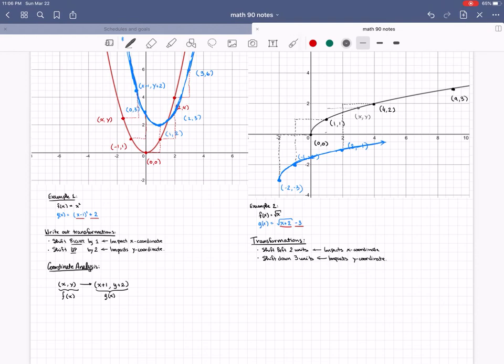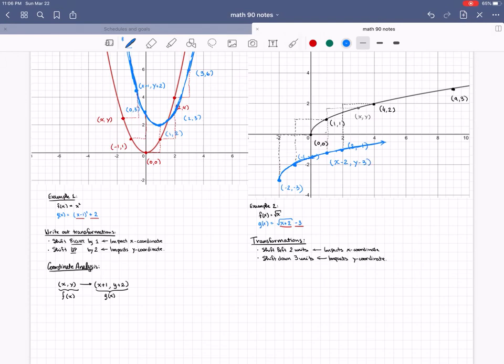So it'll go to about there and then down 3, so that'll land us about there. And this blue point, its x-coordinate is x minus 2 because we started at x and went left by 2, and its y-coordinate is y minus 3.